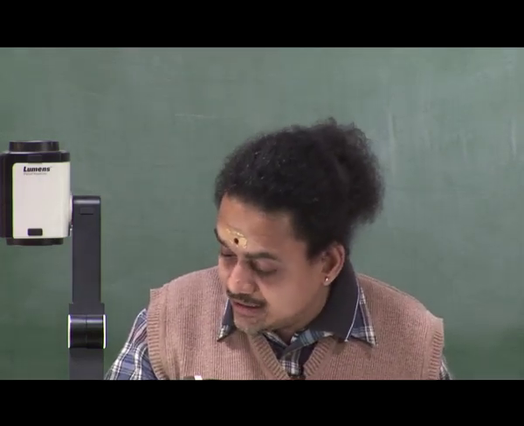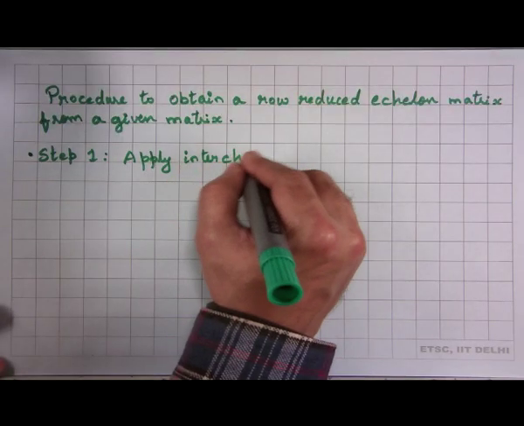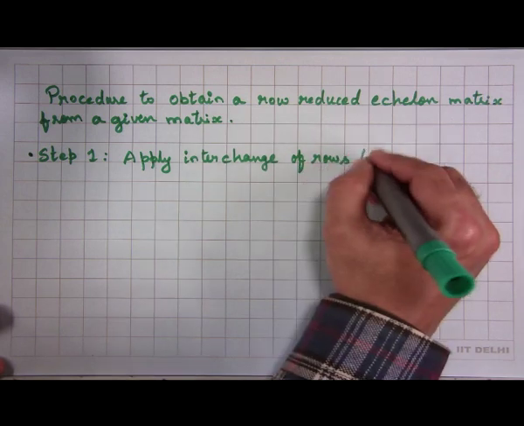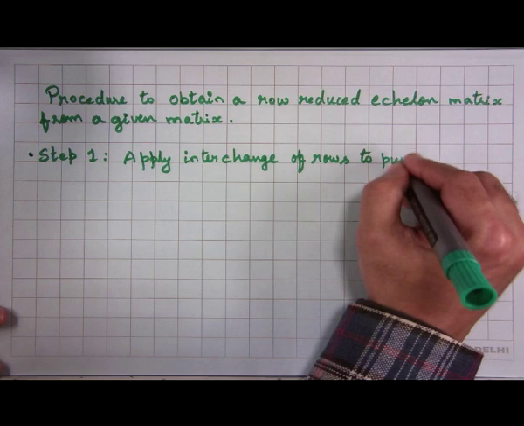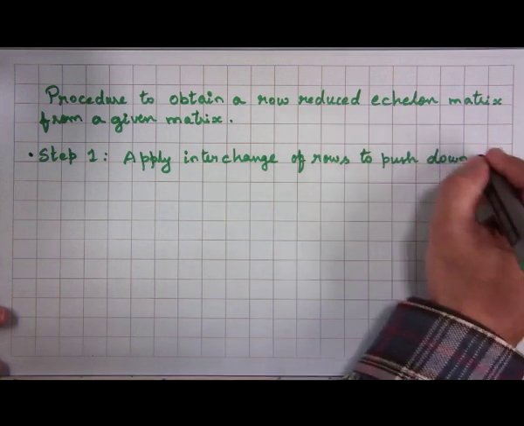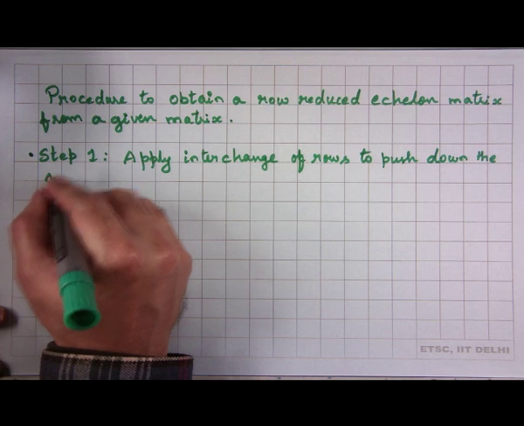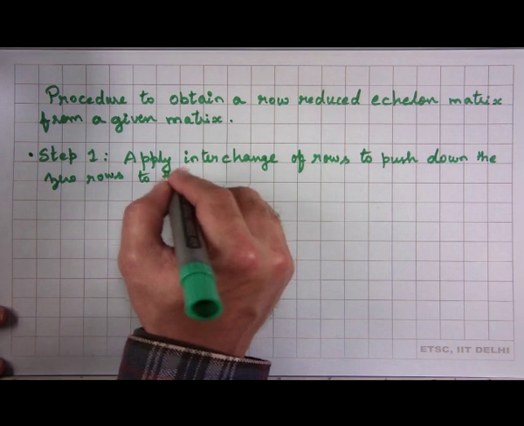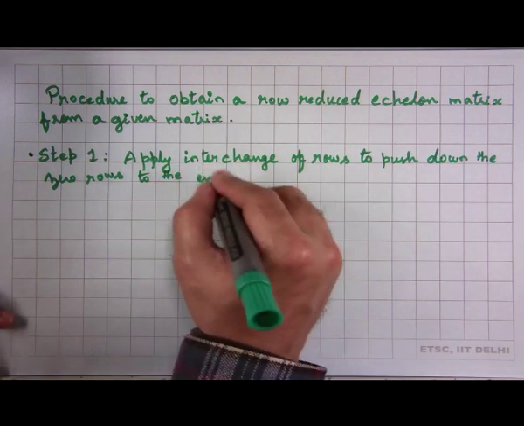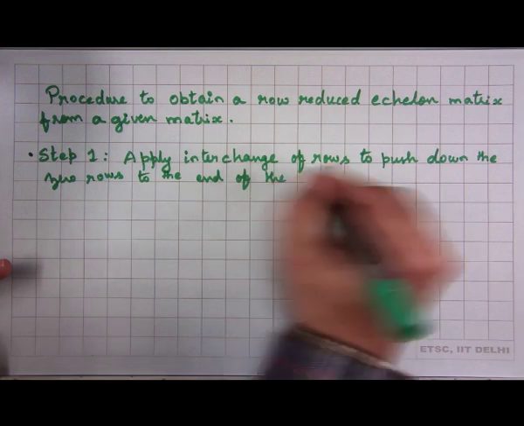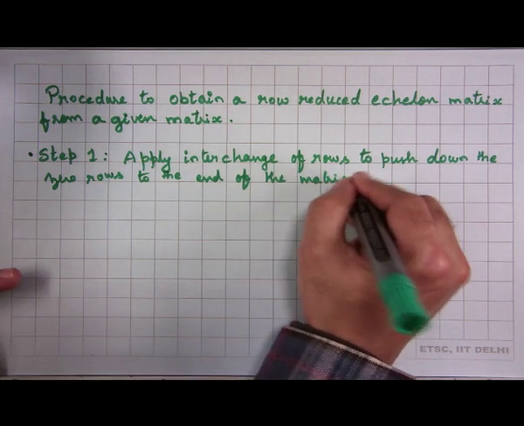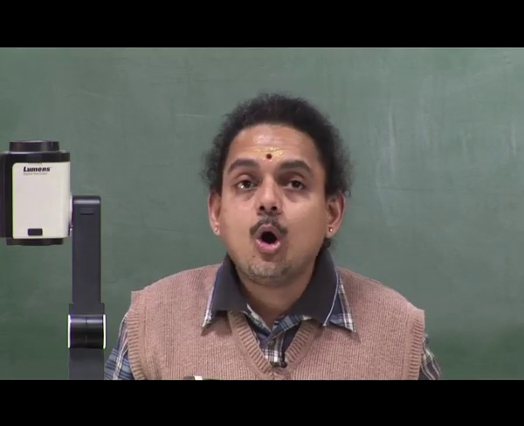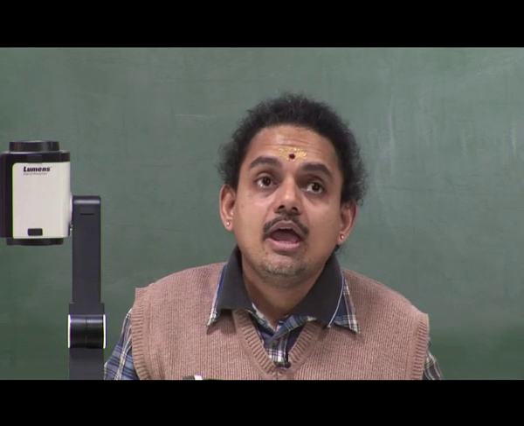If that is not the case, apply interchange of rows to push down the 0 rows to the end of the matrix. Once you do this, all the 0 rows will be below every non-zero row.